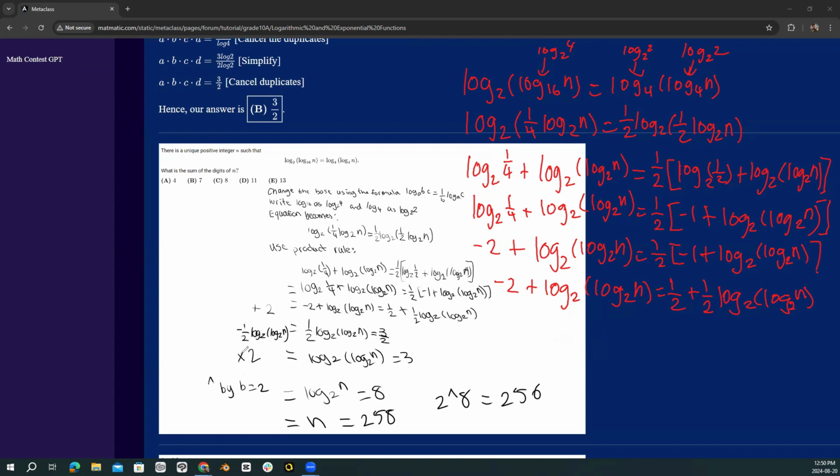So that actually leaves us with 1/2 log 2 log 2n, which is equal to 3/2, because we just got rid of this, and then we subtracted another.